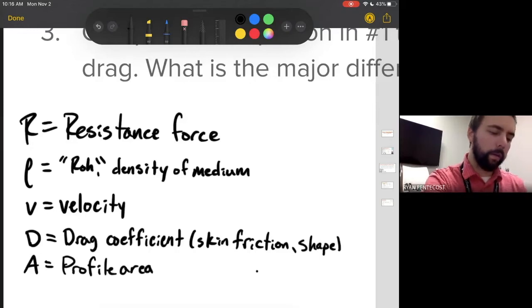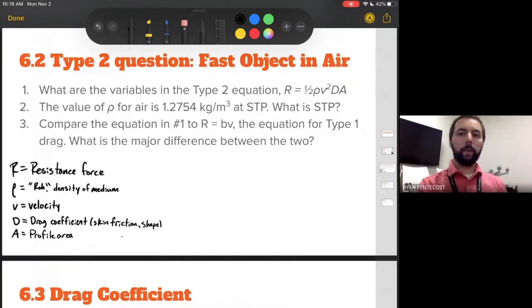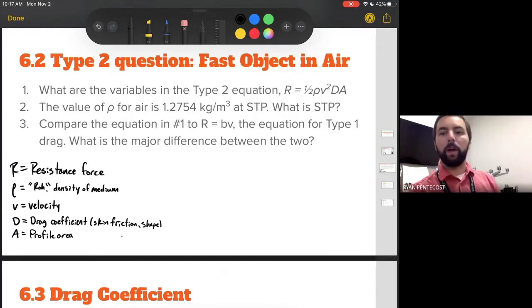Now, these two are very different, right? Profile area is kind of like if you were to take a picture of something and then just take the silhouette of that picture, right? So, for example, if you take my mugshot, let's take it from the side. My profile, you can see, is the outline of my face. That's the profile area of my face.